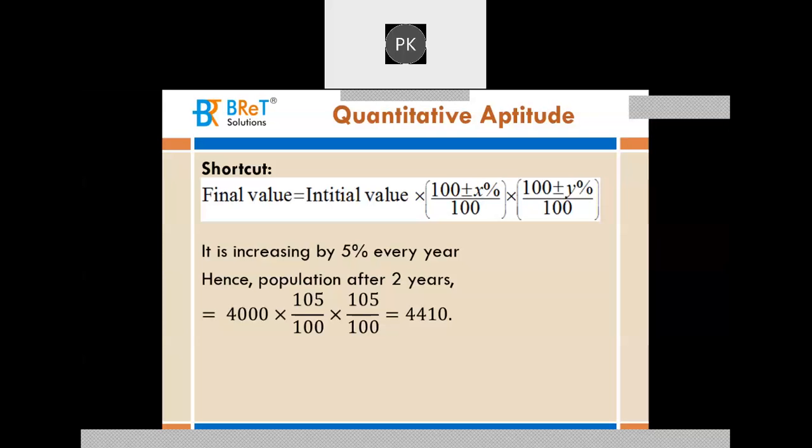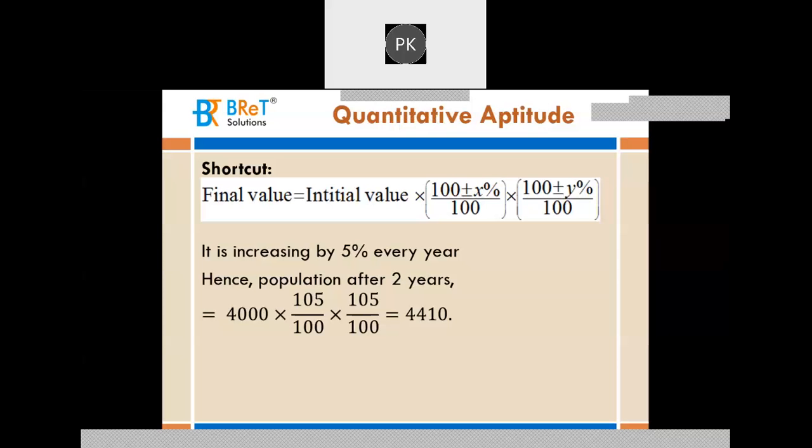Now again, it is very simple. I want the answers. 5,000 into first increase. Profit means increase. 20% increase means 120 divided by 100.